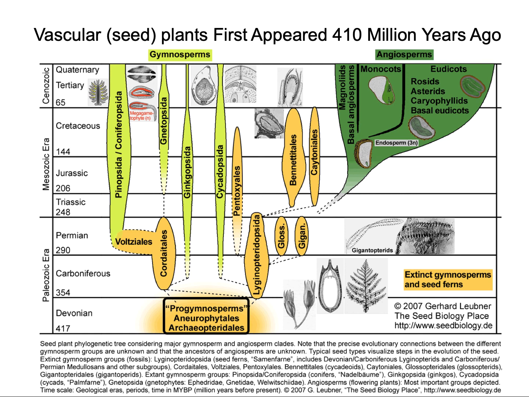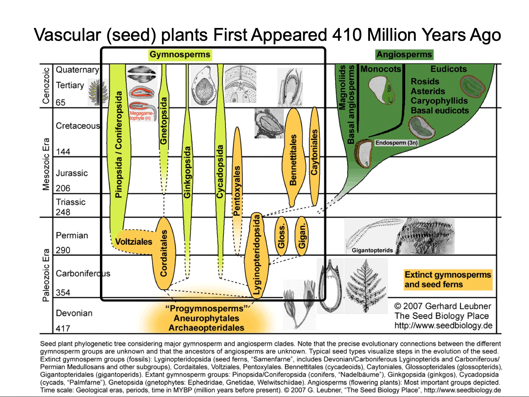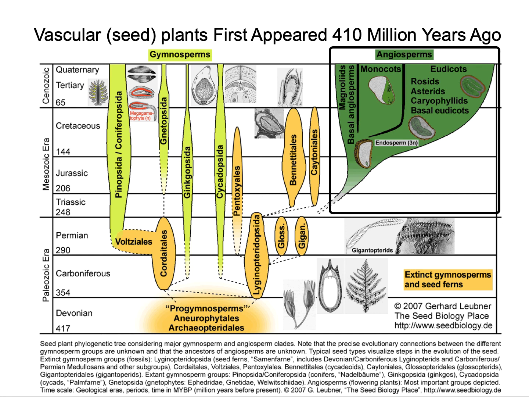This is primarily from the green algal line. And then you have the gymnosperms that expanded and diversified, and some of those have gone extinct, as you can see by the ends of some of those groups. And then evolution of the angiosperms, the monocots and dicots.